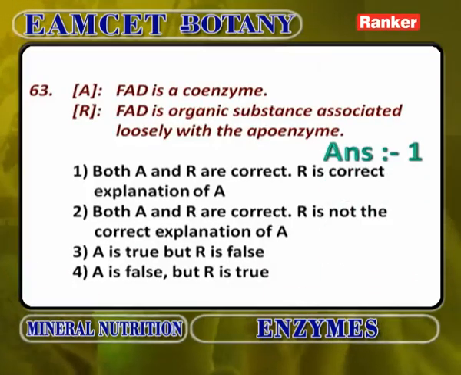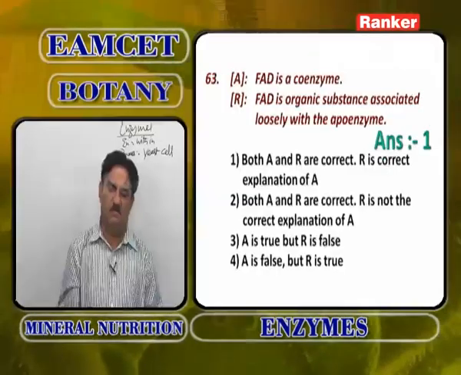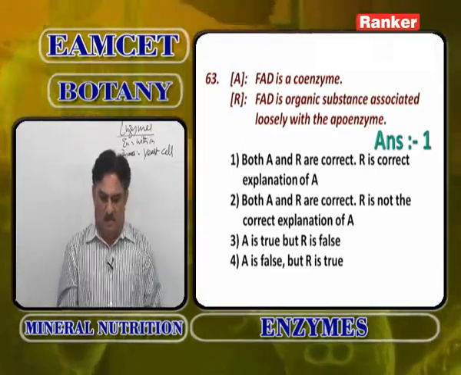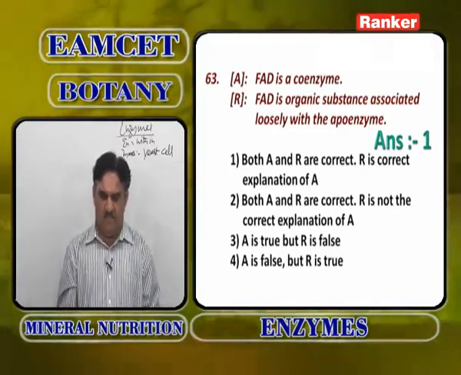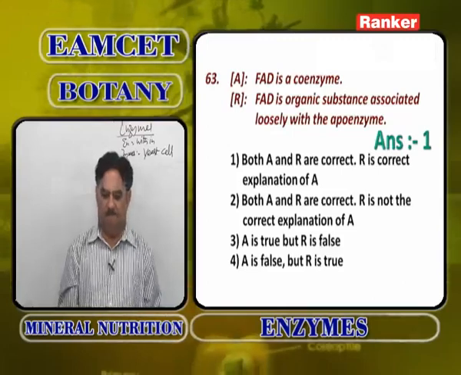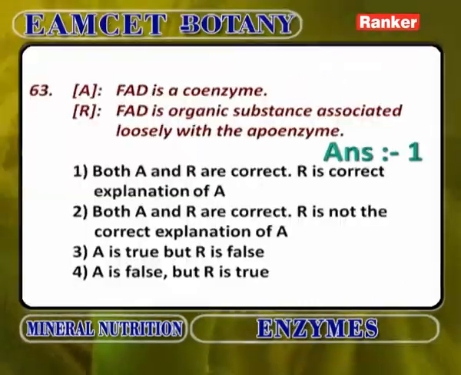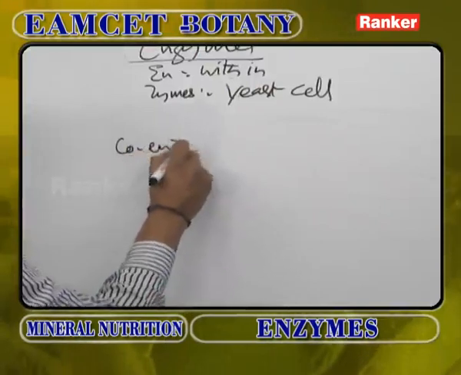A is correct or is false. FAD is a coenzyme. Flavin adenine dinucleotide is FAD. It is a coenzyme, correct, which comes from the vitamin called riboflavin. FAD is an organic substance associated loosely with apoenzyme. Coenzyme is said to be a special non-protein part attached loosely. So FAD is coenzyme because it is loosely attached.